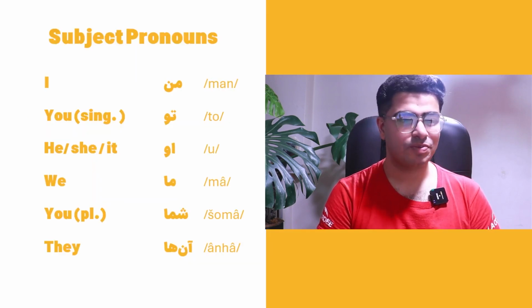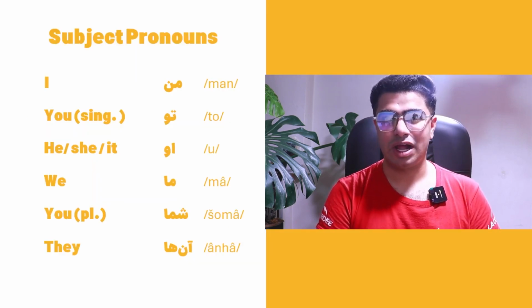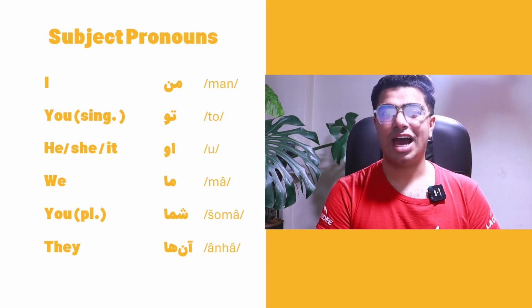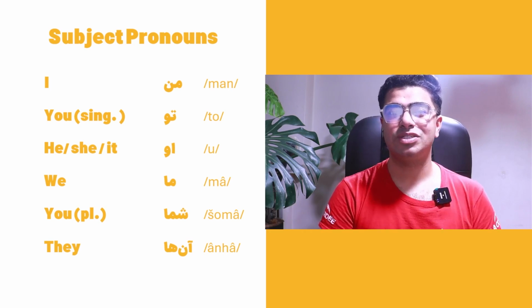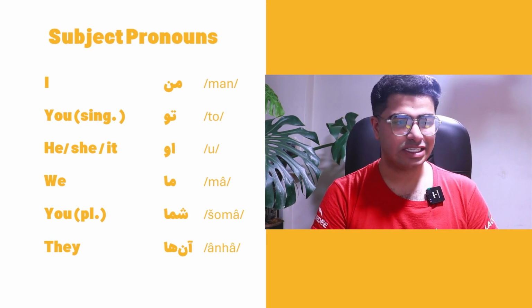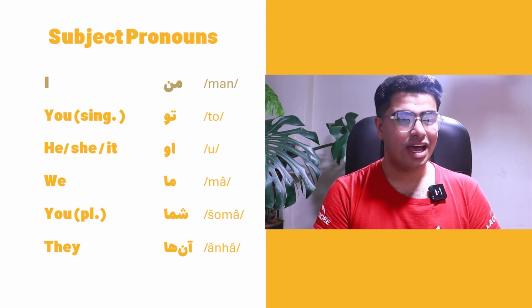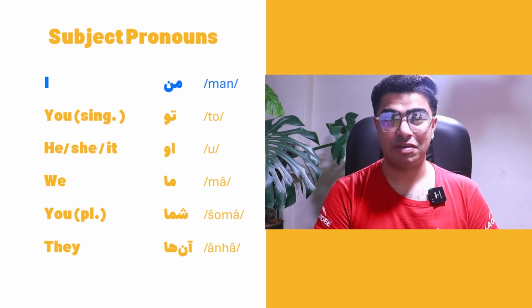and we use those words we learned in the beginning of the video. So here are the subject pronouns. We need to learn them as well. And after it, I'll teach you how to talk about the endings and how to connect them to the present or the past endings of our sentences. Let's get started. I, man. Try to repeat it after me.